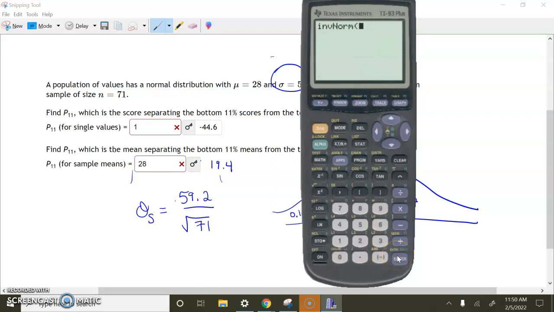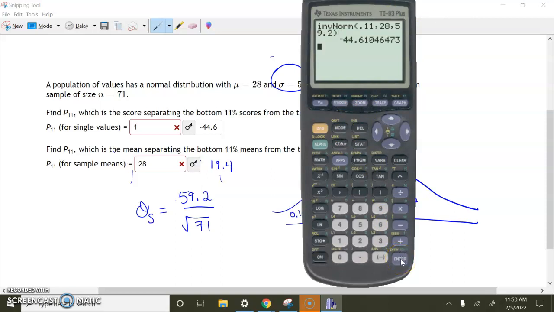We put the percentage, 0.11, comma, 28 is our mean, and in the first example we used 59.2, because it was for individuals. That's going to give us that same amount back, negative 44.6.